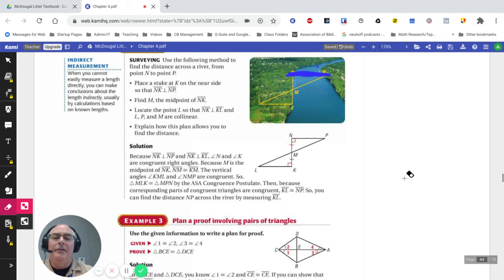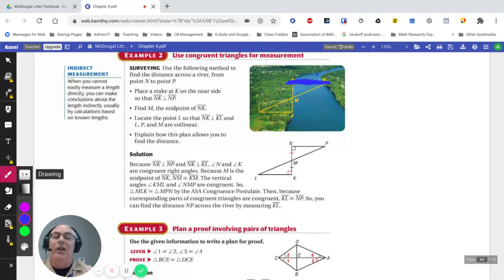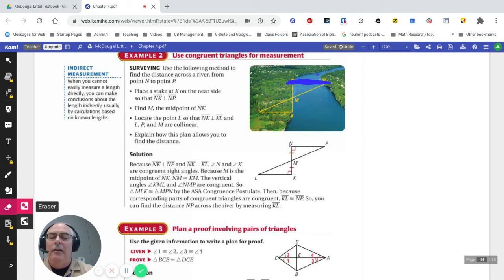Well, here's another situation. There's a lot of information in this problem, so I really need to break things down. One of the key elements is that I'm doing my drawing, and I recognize that with my drawing, and it's shown here on this map, I'm working with right triangles.